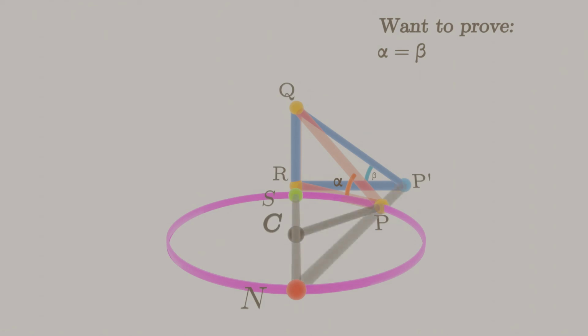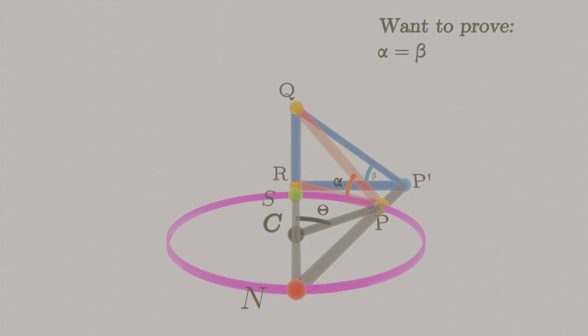To start, notice that triangles PQR and P'QR share the same common side QR. So if you can prove that PR and P'R are equal in length, then you can use tan to prove that angle alpha is equal to angle beta. If you want line segment PR and P'R to be equal in length, then that would mean triangle RPP' would be isosceles.